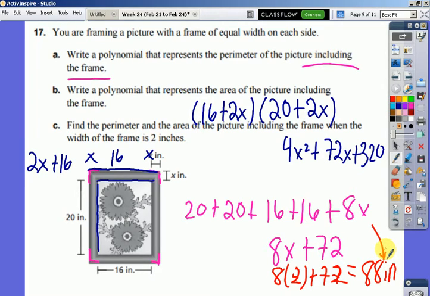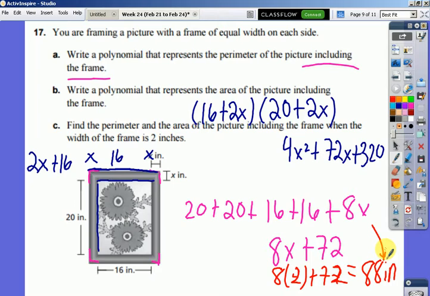People always forget. I forget sometimes too. You have to remember your units. You are measuring in inches, so in the end you have to have inches. Here for area, what is my unit that we're measuring? Inches, inches squared, inches cubed? Inches squared, because I'm multiplying things, right?